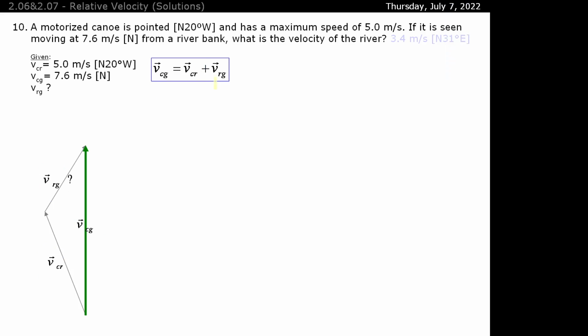Okay, I'm just going to highlight what I know so far. CR, we know this as well as the angle, which helps, and we know CG. So what is that? Side angle side? Yeah, cosine law. Okay, let's label out the vertices. Probably call this C just to make our lives easier.